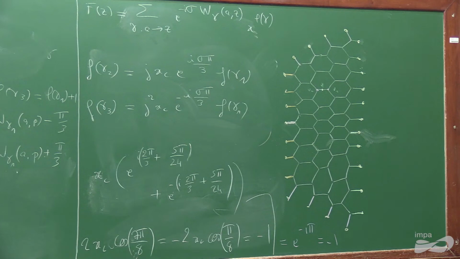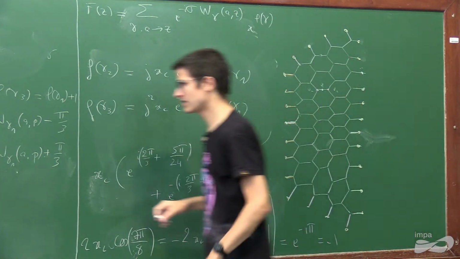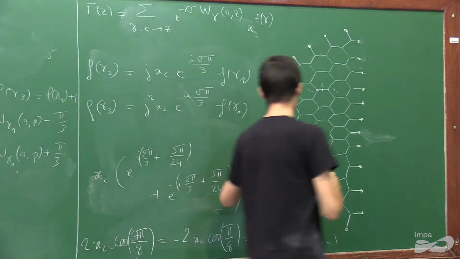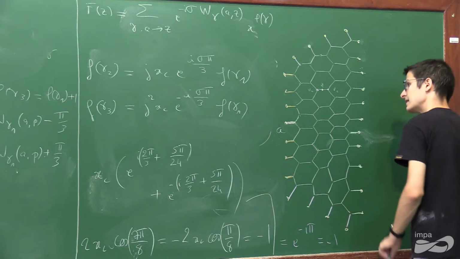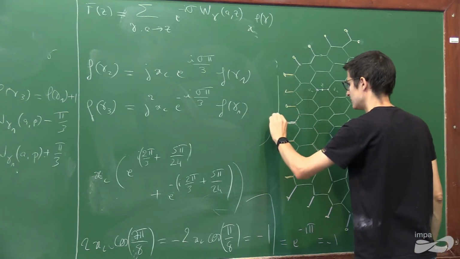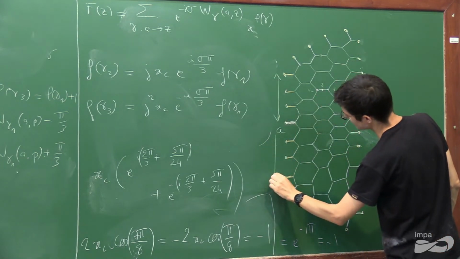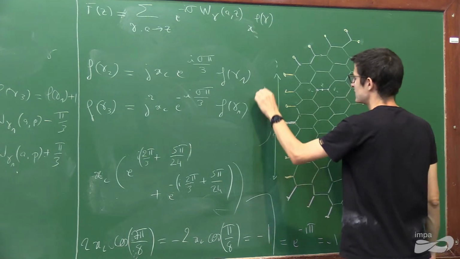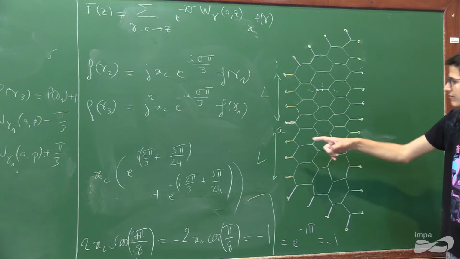Okay, so my A will be just here, okay? And I will consider basically a domain which is symmetric around A, okay?